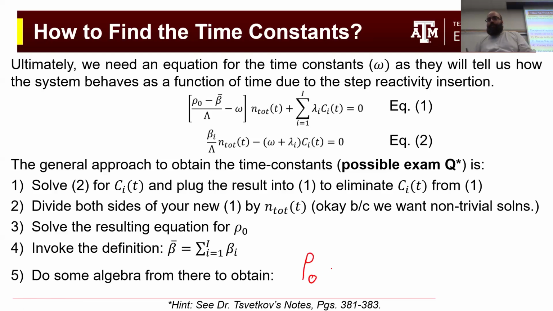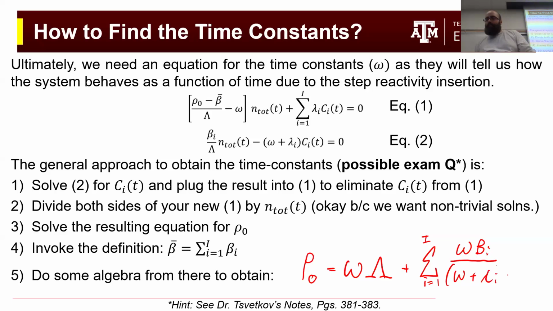It's going to look like rho 0 equals omega times big lambda plus a sum that goes from i equals 1 all the way up to big I, of omega times beta i over the quantity omega plus lambda i.